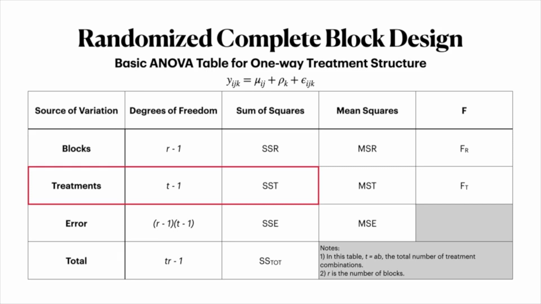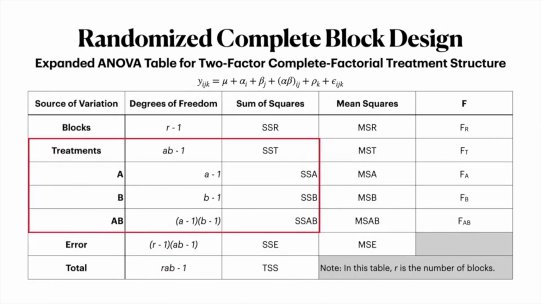Similarly, we have the basic ANOVA table for a one-way treatment structure for the randomized complete block design. In the model, this is the means model representation for the model. And so we have one row for the treatment source of variation. But if we replace the means model notation with the effects model notation, then we have the effects model representation for the model.